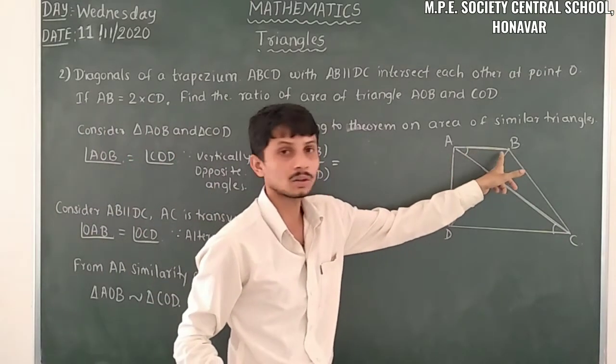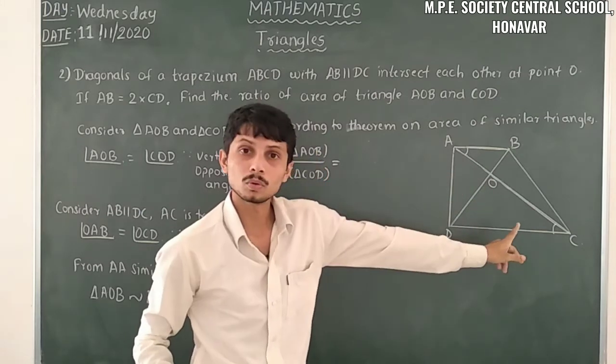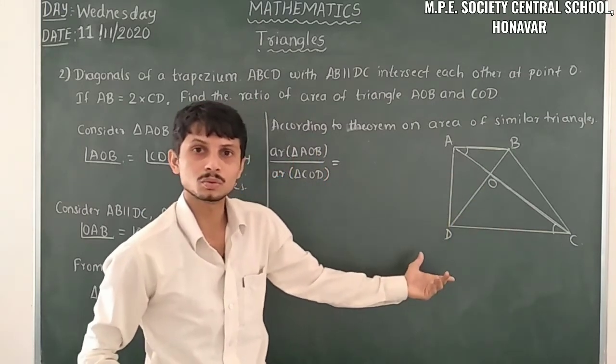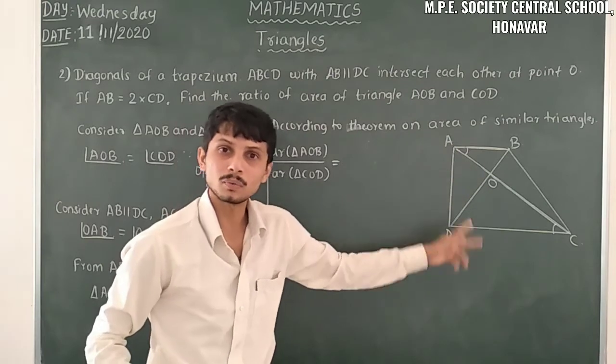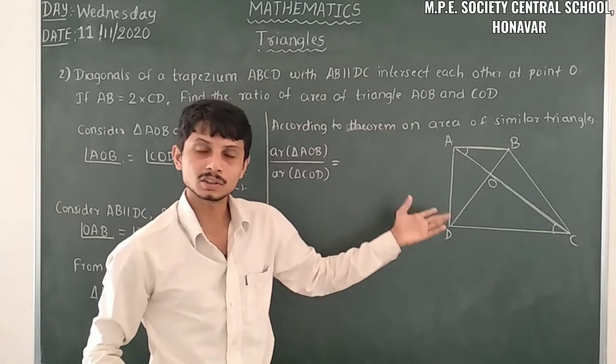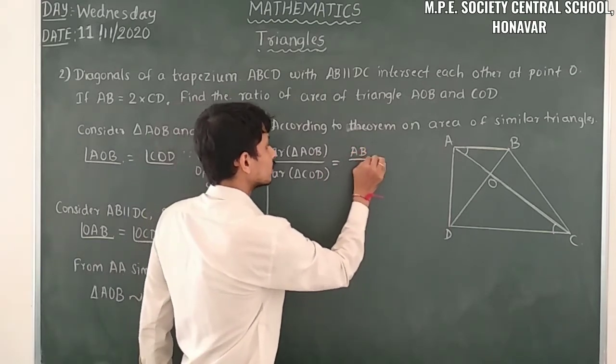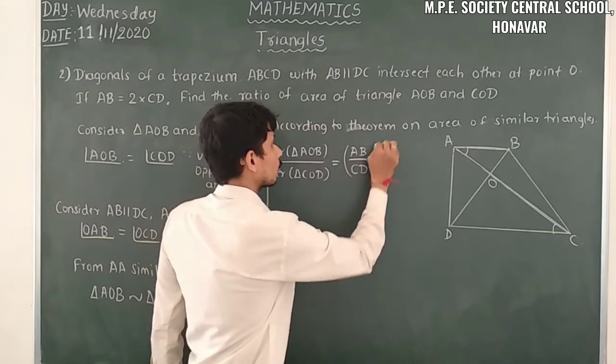AB is a part of AOB and CD is a part of COD. So we have to take only one pair of corresponding sides, the ratio of corresponding sides. What we have is AB by CD whole square.